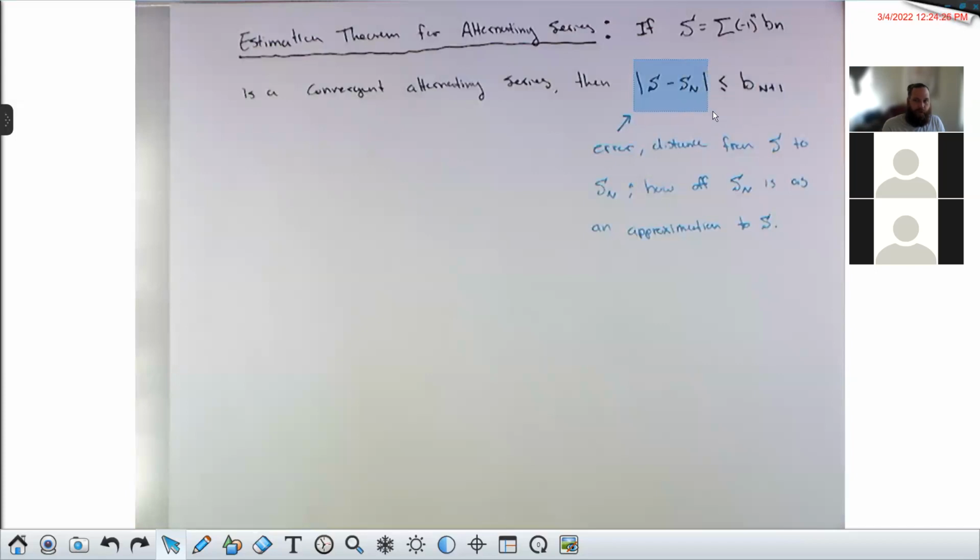That's what it says. So if I want the error to be less than some amount, then I can set this thing less than that amount and solve for n. That will tell me how many terms I need to use in the nth partial sum to approximate the series with that error or better.